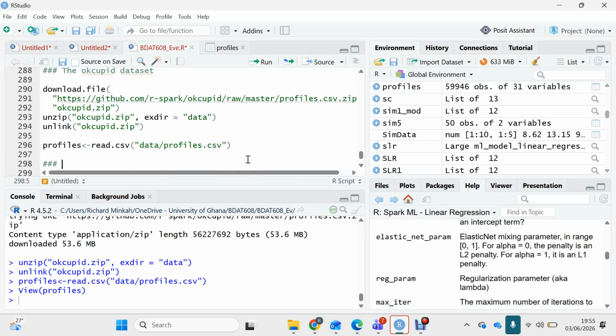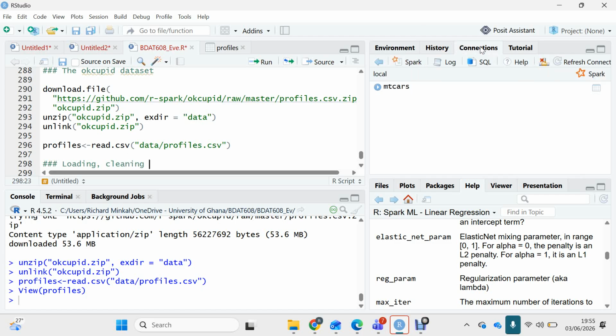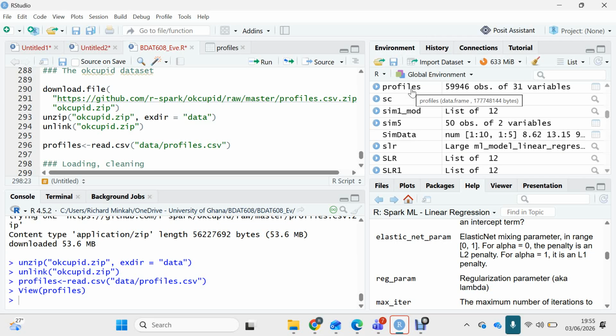So ML regressions. Okay, so let me, sorry, ML.